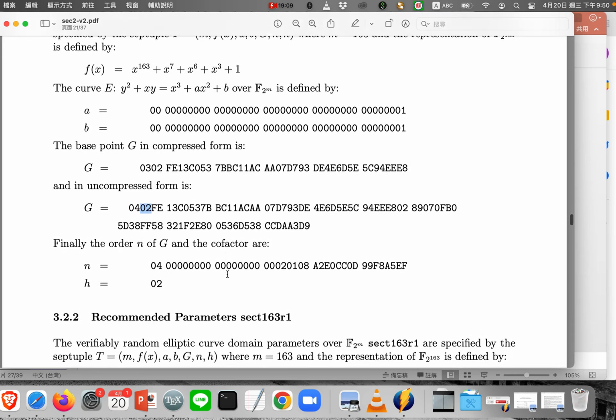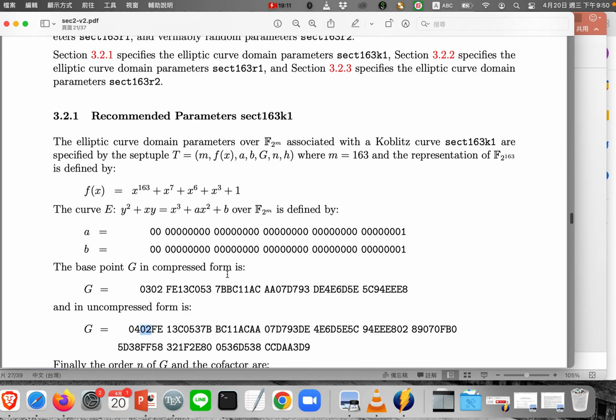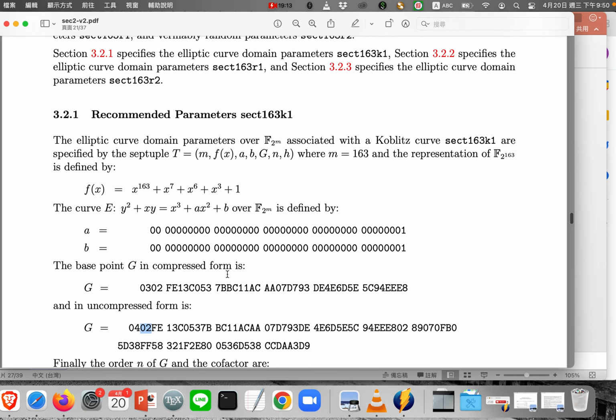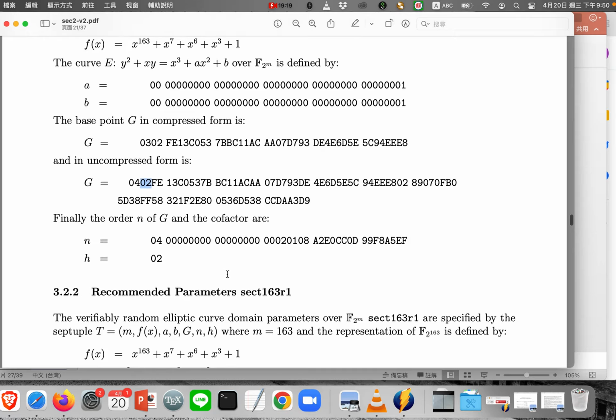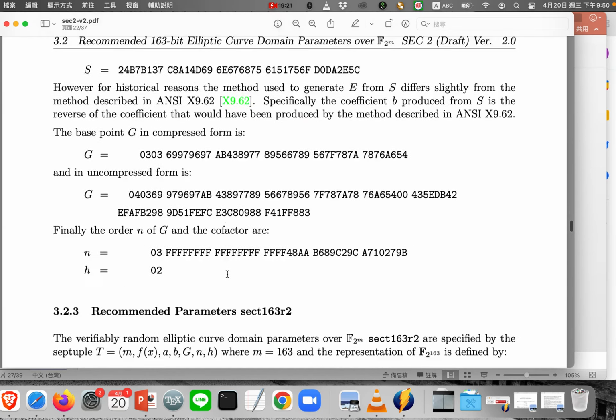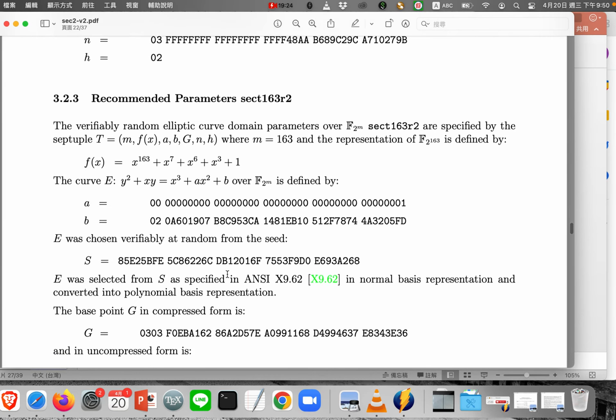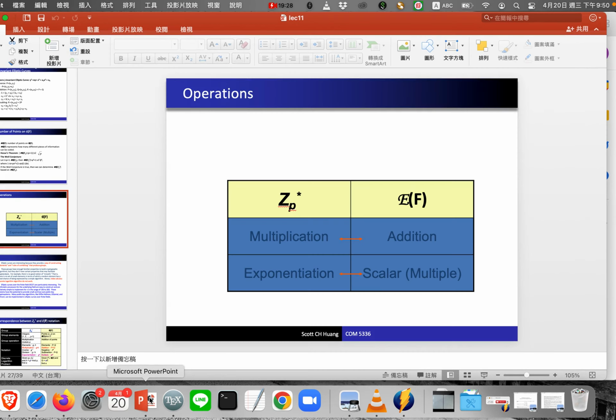So this is an elliptic curve over the finite field F2 to the power of 163. And there are other elliptic curves you can see. So, back to elliptic curves.